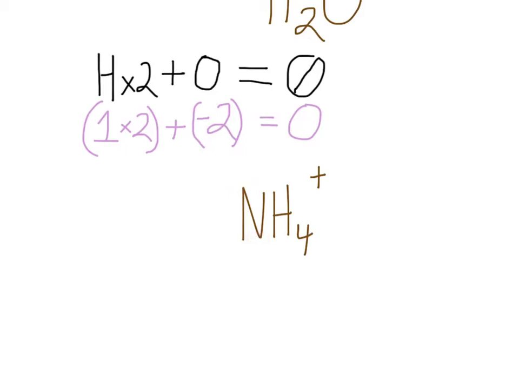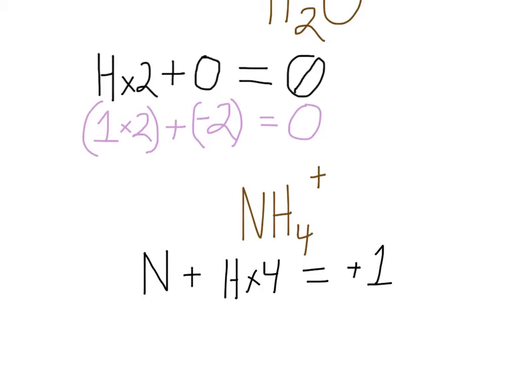So what you have to use is rule number 6. Once again, the sum of the individual oxidation numbers in the molecule equals the overall charge. So that means the oxidation number of nitrogen plus the oxidation number of hydrogen times 4, because there's 4 of them, equals, and this one has a charge, it's plus, so equals +1.